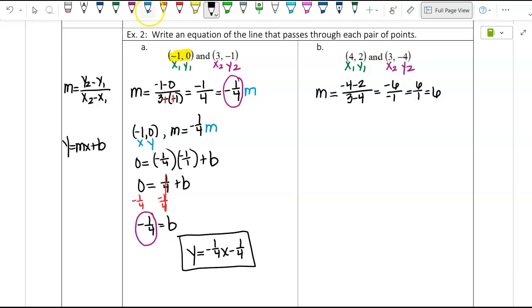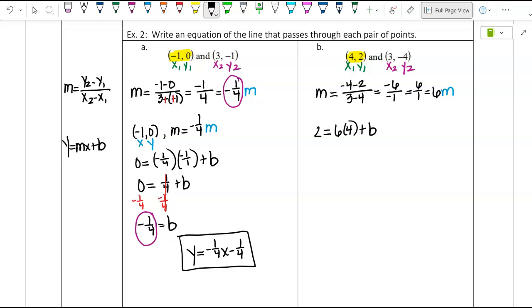So again, now we have our slope, our m, and then we're going to use that ordered pair for 2, and we're going to substitute that in. So we have 2 equals our slope of 6 times our x of 4 plus b. I'm going to pause while you work that out and call on somebody to share their answer.